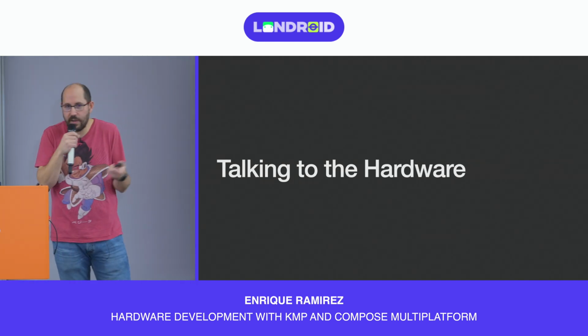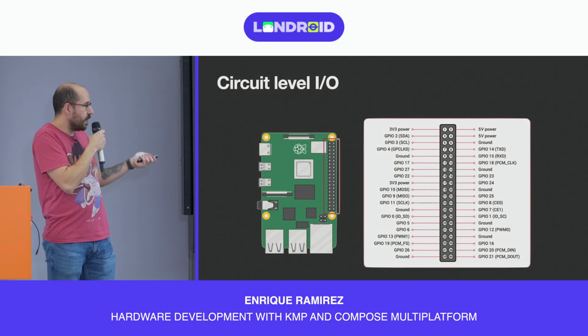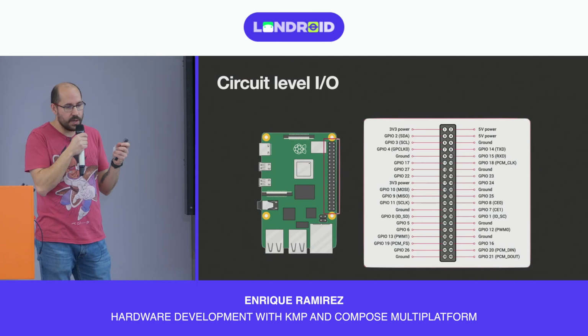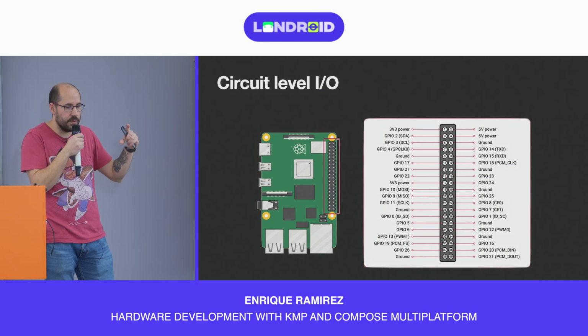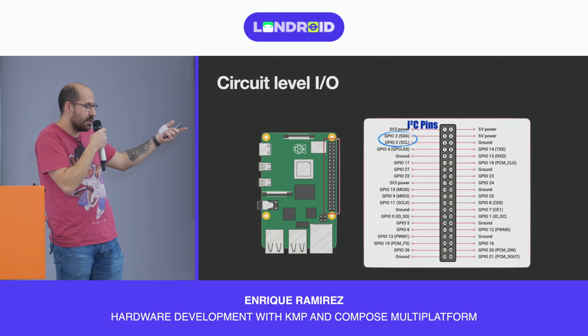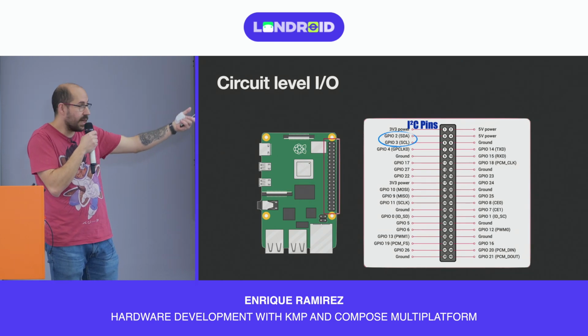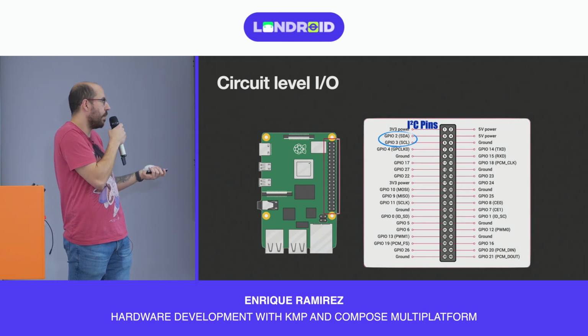We need to actually communicate with the hardware that we mentioned. At that point we need to start having a look at the ways the Raspberry Pi has to communicate to those circuits. And guess what? That I2C that we saw before is actually natively supported. There are pins dedicated for that on the Raspberry Pi.